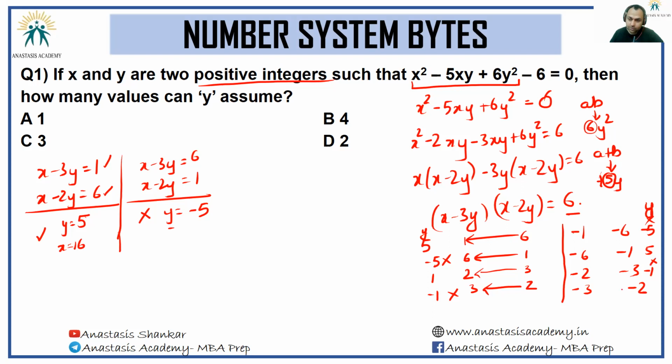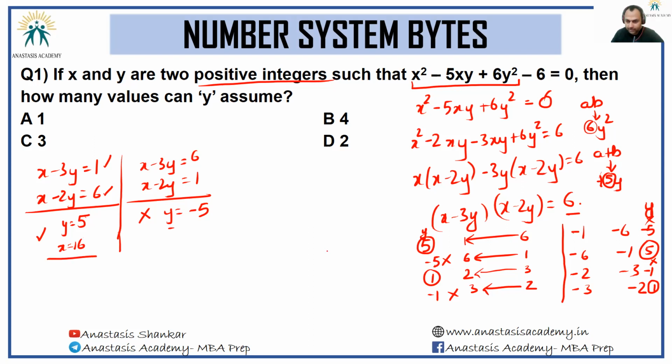And minus 2, minus 3, what do I end up getting? 1. Hopefully you can see. We are only concerned with possible values of y, but that does not mean our work ends here. We also have to check for each of these values of y, do we get an x that is a positive integer?